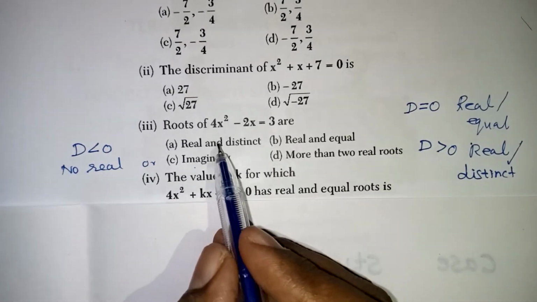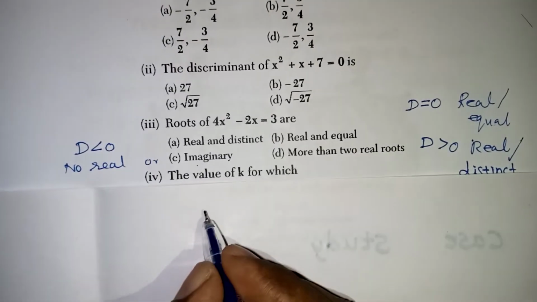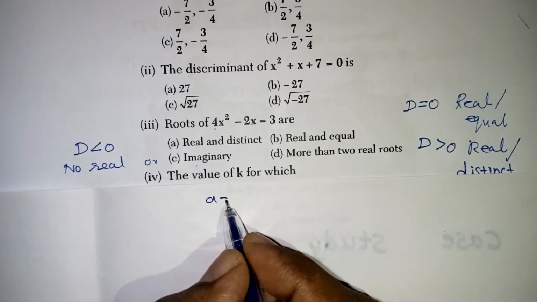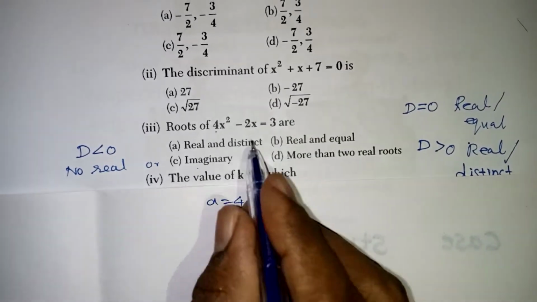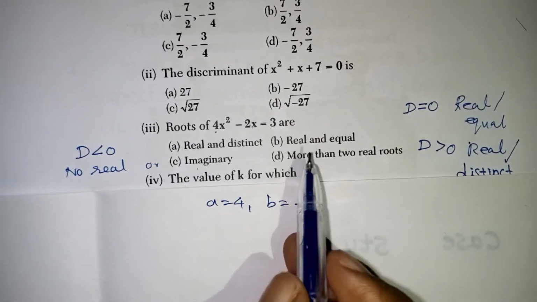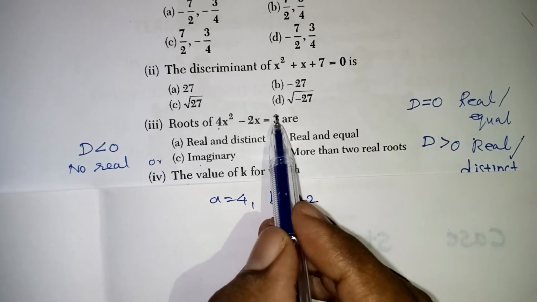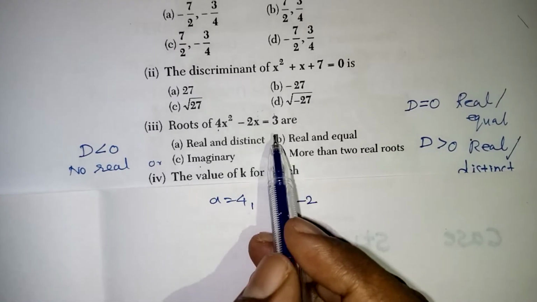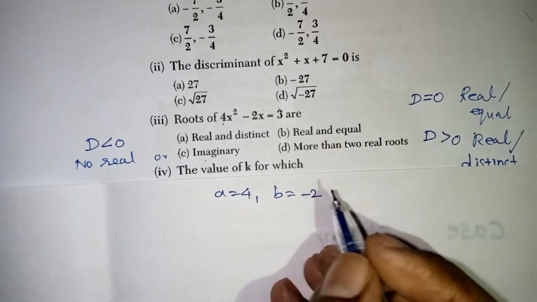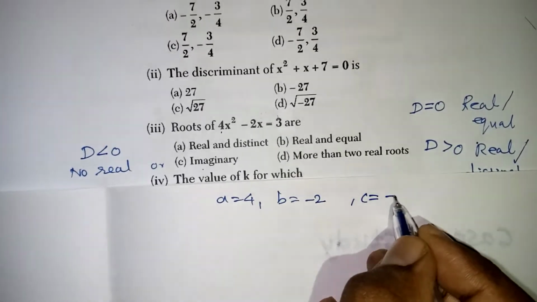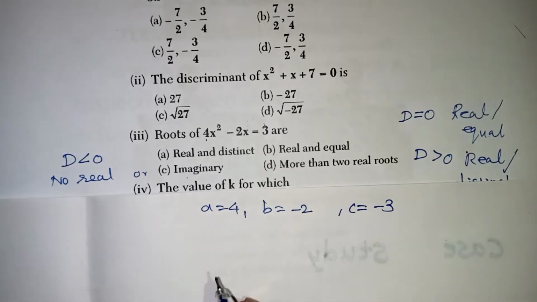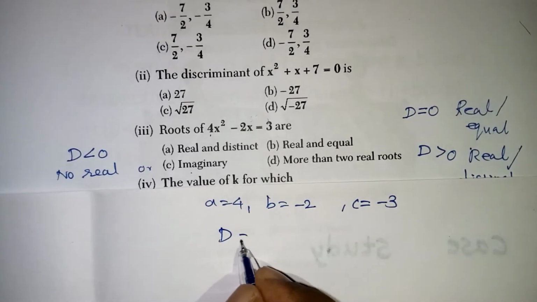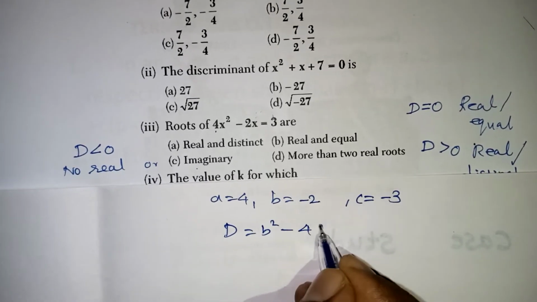Now we will find out what the d value is for this particular question. From this question, a value is 4, b value is minus 2, and for the c value, 3 is given on that side, we need to bring it to the other side. We have to make the equation equal to 0. So plus 3, if you bring it to that side, becomes minus 3. So c is equal to minus 3. Now discriminant equals our formula b squared minus 4ac.